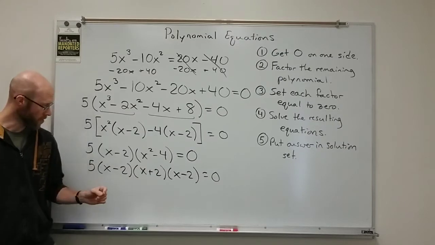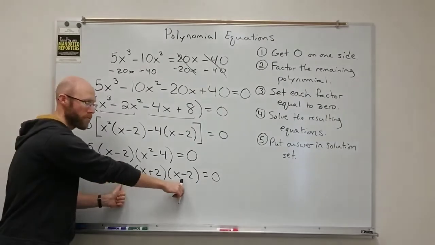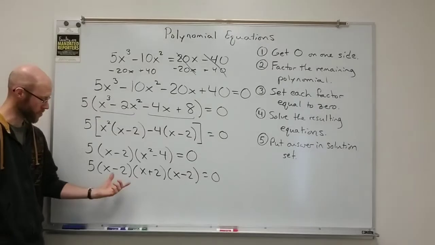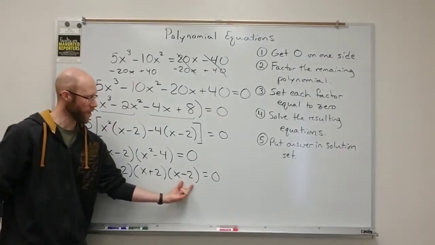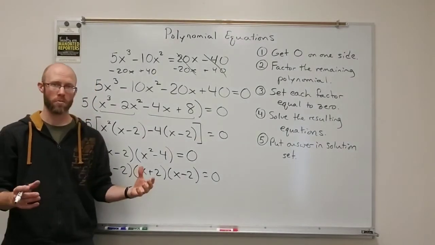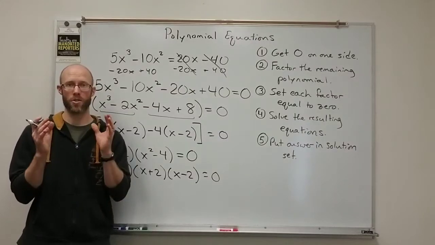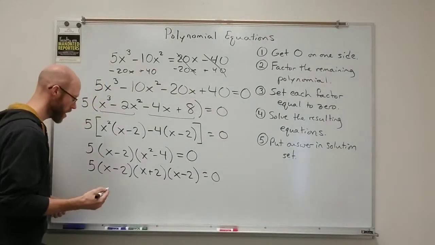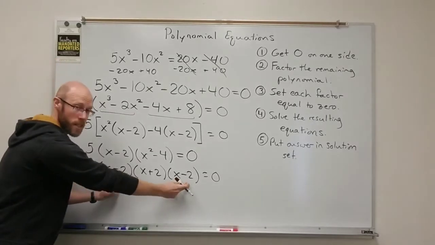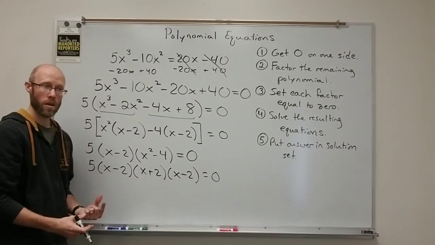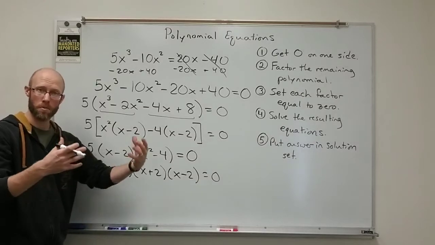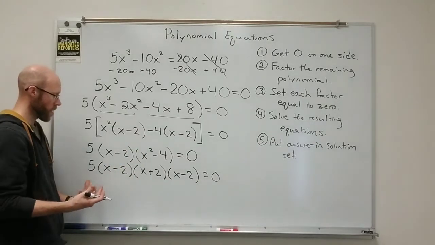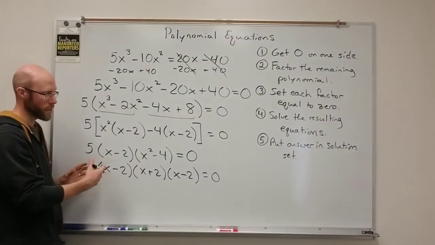If you'll notice, though, I have a repeated factor of x minus 2. It's kind of an interesting situation here. That repeated factor I could bring together and call it x minus 2 squared, right? I could do that. I don't have to. But when I set these factors equal to 0, there's going to be redundancy. I'm going to be solving the same thing. So I'm going to leave it as is.